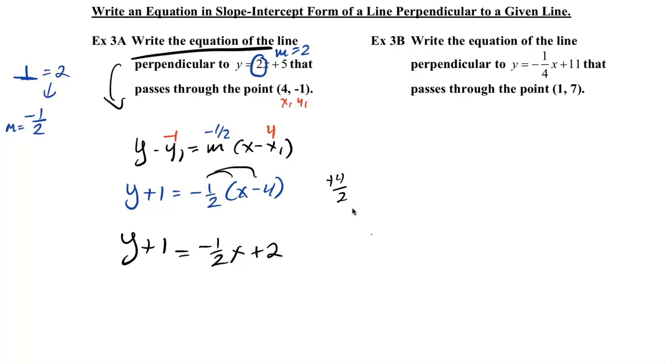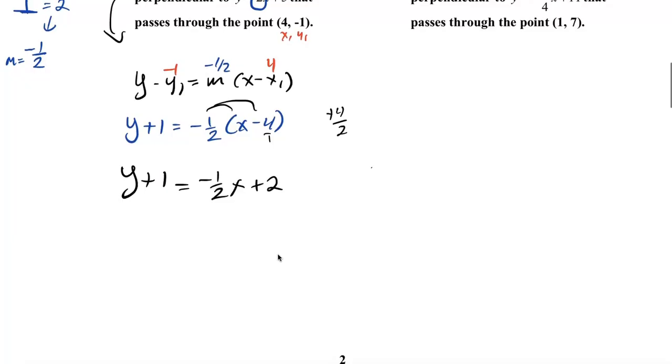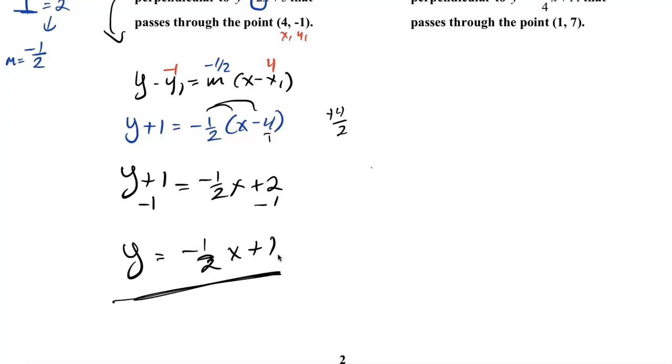Remember, this is like 4 over 1, if you're not sure, then you just multiply across. So negative 1 times negative 4 is 4, 2 times 1 is 2. Then reduce it. And then we've got to get y by itself, so minus 1. So y equals negative 1/2 x plus 1. So that's the idea.